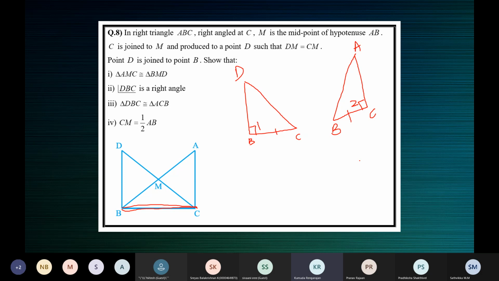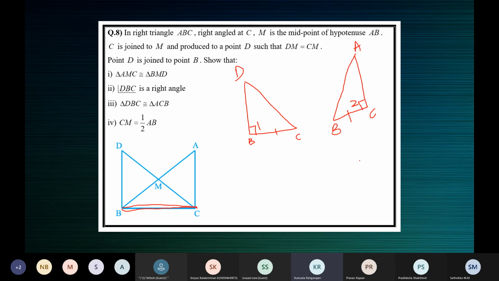S, some other side, any side: BC is equal to BC, common side. So we have R and S. But hypotenuse DC equal to hypotenuse AB is not known as of now. So we cannot use RHS.